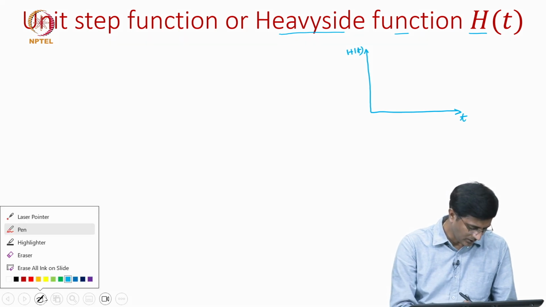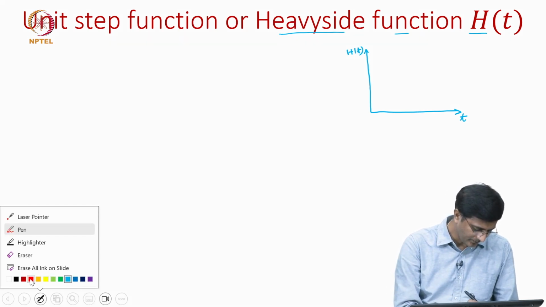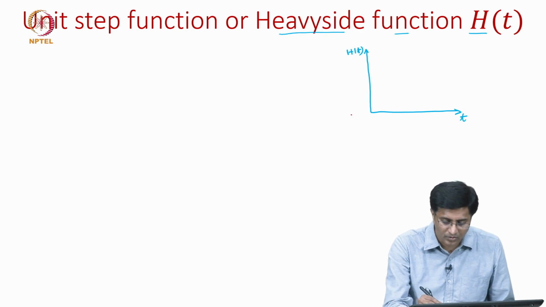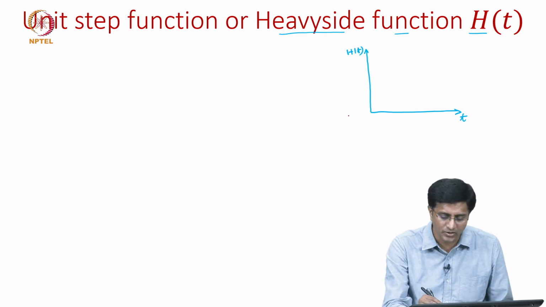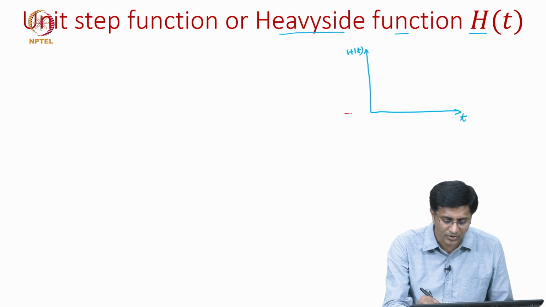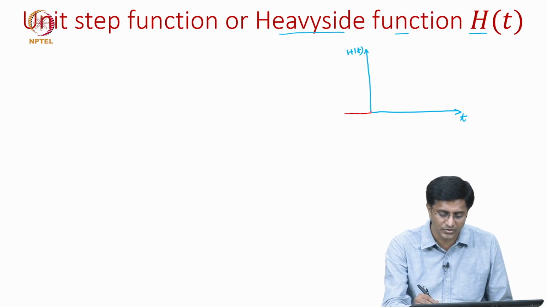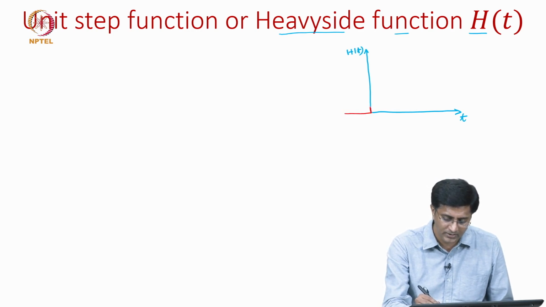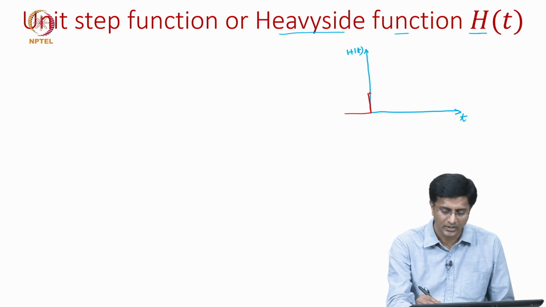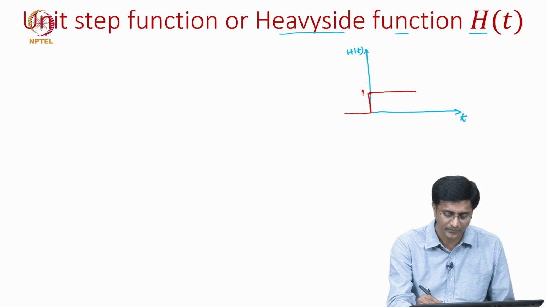At times less than t equal to 0, the function value is 0, but at time t equal to 0 it suddenly increases to unity, and after time t equal to 0 it remains constant at the value 1.